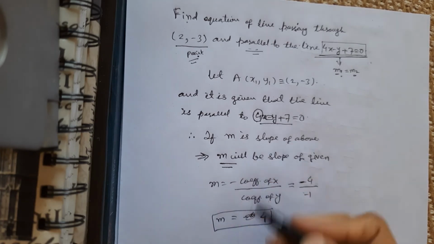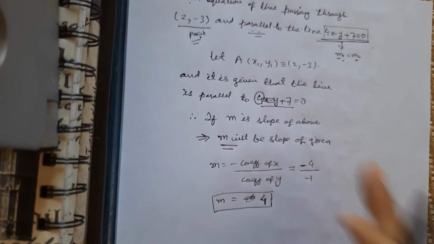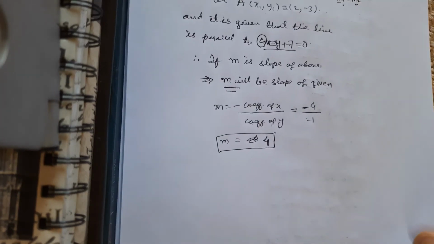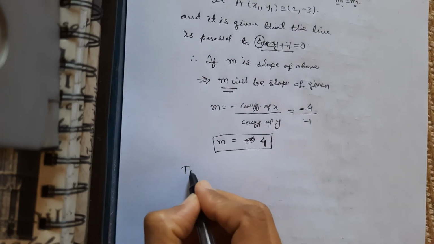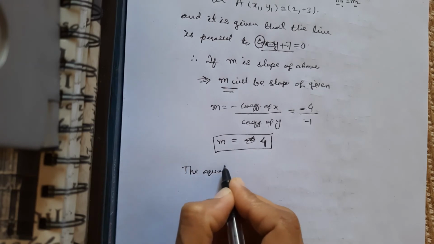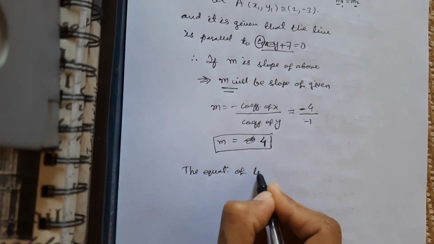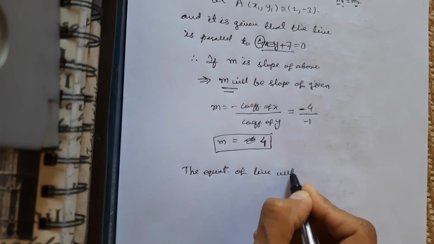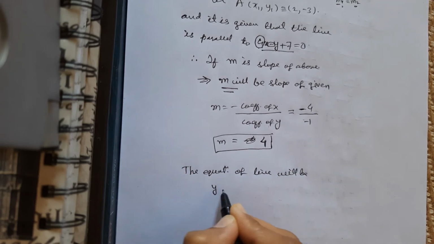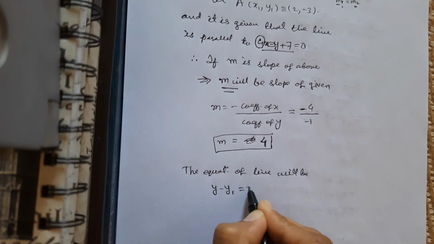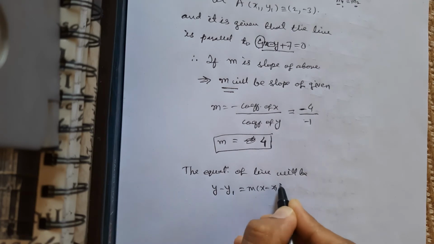Okay, so the slope of the line is 4 and the point is given here. So from slope point form, the equation of line will be y minus y1 equal to m into x minus x1.